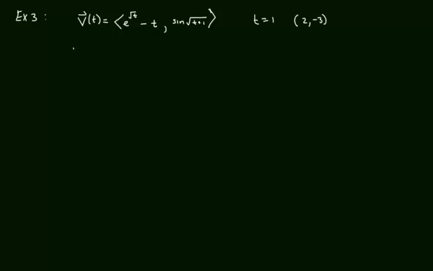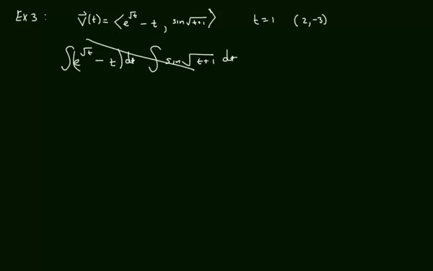If you try to integrate e to the radical t minus t, you will find it's not integrable. So there's no way to do this by hand because you can't find the antiderivative, you can't find the value of c, so there needs to be another way. The same is true here. The integral of the sine of radical t plus 1 is not integrable. There must be another way.